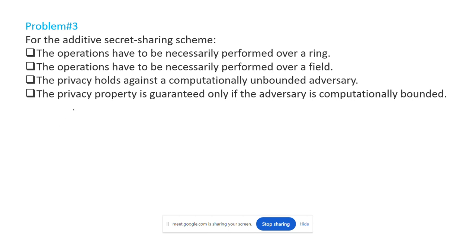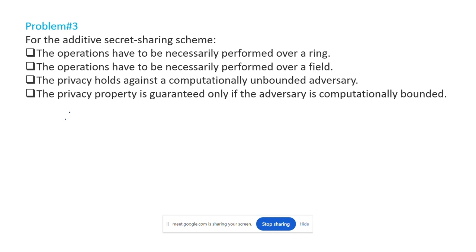For the additive secret sharing scheme, also called n-1 out of n, where you allow up to n-1 corruptions, you just need to have an additive group. So it's not required to have a ring or field.